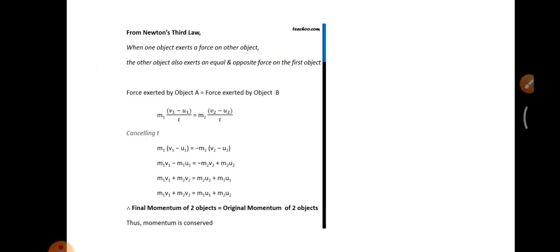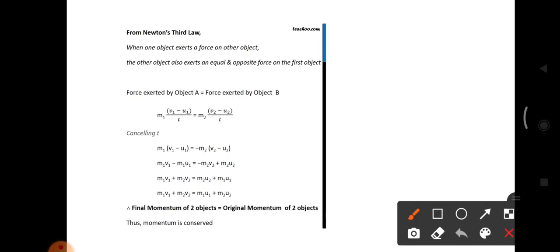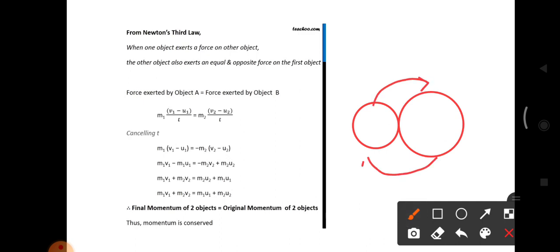From Newton's third law of motion, we know that when an object exerts a force on another object, the other object also exerts an equal and opposite force on the first object. So here we took two balls. One is this and another one is this. The first ball acts a force on the second one. The second ball also acts some force on the first ball, equal in magnitude.